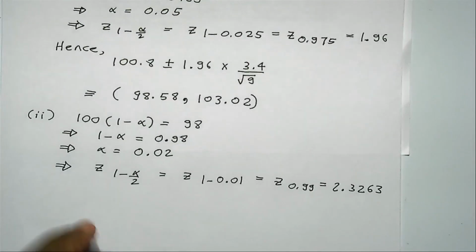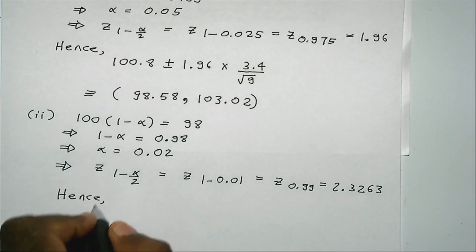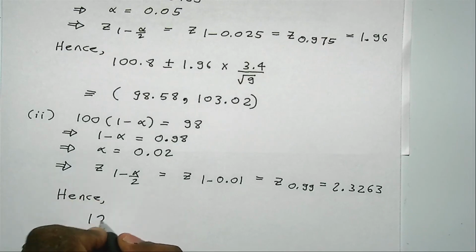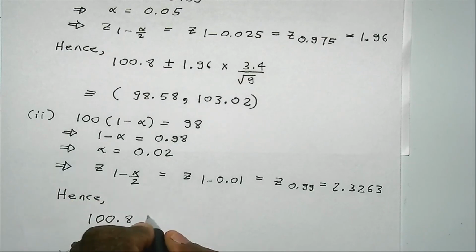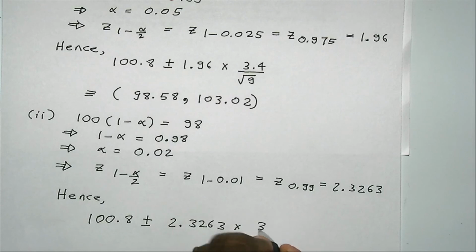So hence the 98% confidence interval is 100.8 plus or minus 2.3263 times sigma, which is 3.4, divided by root of n, root of 9.